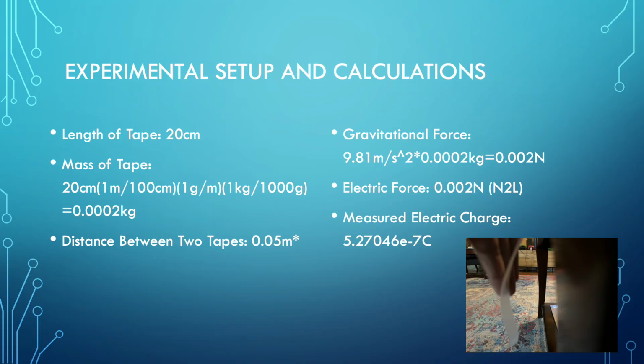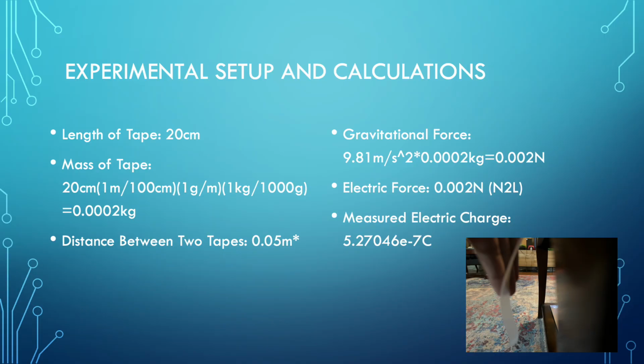Now for some calculations, we find the gravitational force, which is just the gravitational constant near the surface of the Earth times that mass, and that tells us that it's 0.002 newtons of force. We know that theoretically, since the electric force is holding our tape in stasis against gravity, they're canceling out by Newton's second law.